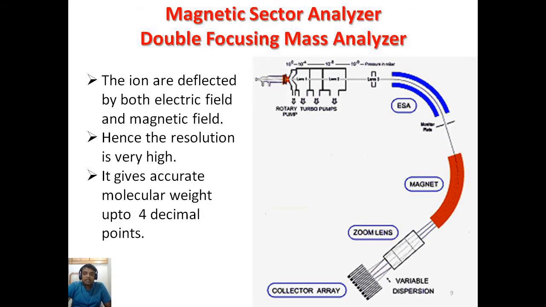In the ionization chamber only cations are formed, and these cations pass to the electrostatic analyzer. In the electrostatic analyzer, the molecules move as per their own potential and velocity. They then reach the magnetic analyzer.